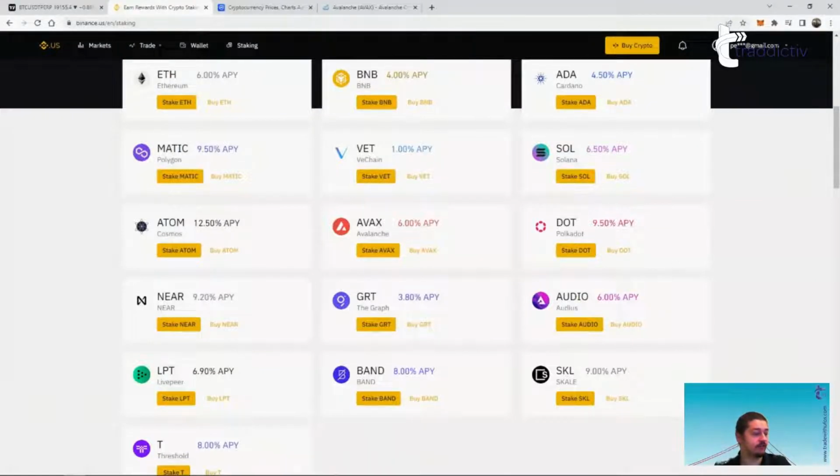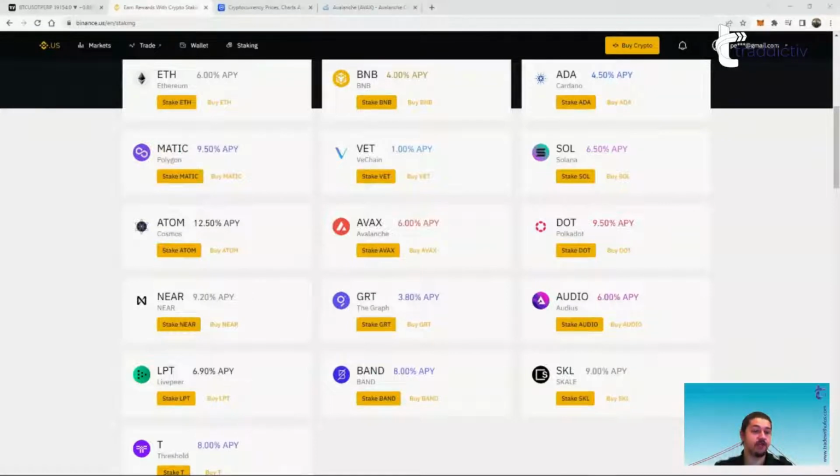I've put together a fairly simple and straightforward Excel file, and I'm just going to share this with you, of how it actually calculates coin APY versus dollars APY. So there's a bit of a difference there.